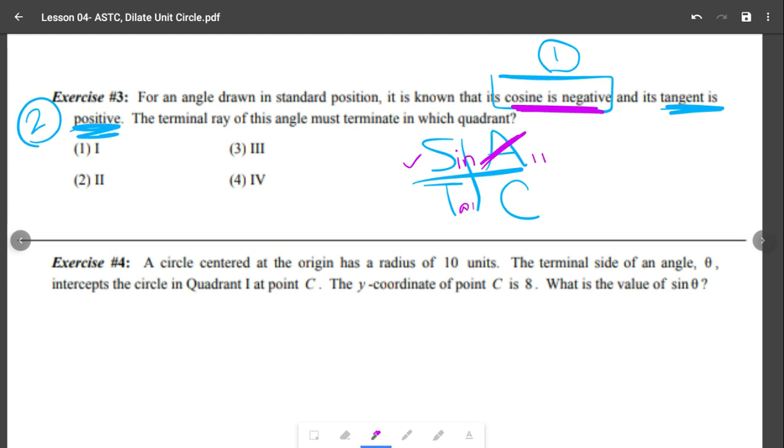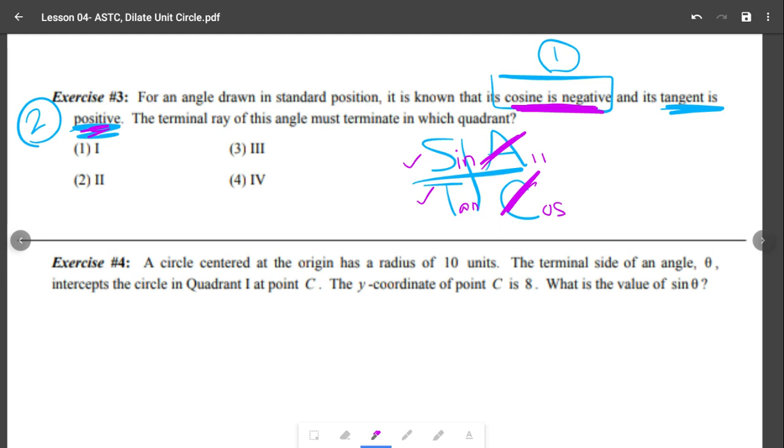T stands for tangent. Only tangent is positive in the third quadrant, so cosine being negative would work there. Fourth quadrant, C stands for cosine, which means cosine is positive there. I want cosine to be negative, so fourth quadrant does not work for that first criteria. Second piece of information, though, was that tangent is positive.